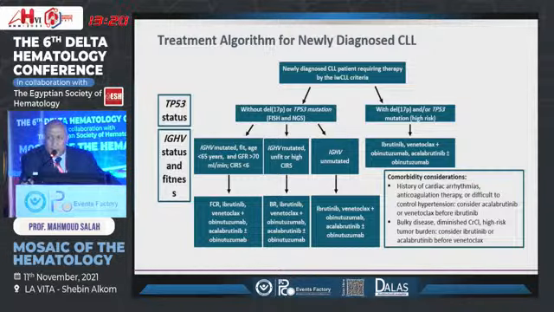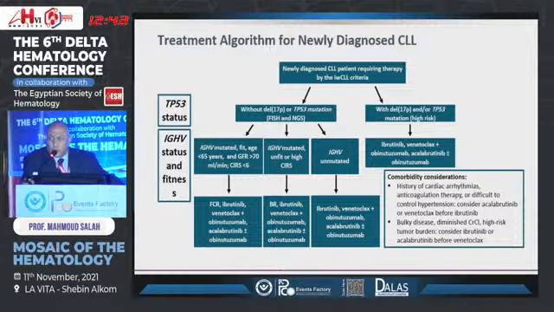These patients can get benefit from chemoimmunotherapy or other molecules like ibrutinib, venetoclax plus obinutuzumab, or acalabrutinib plus or minus obinutuzumab. If the same patients have the IGHV mutation and are unfit or have a high CIRS, this patient will be a candidate for bendamustine, rituximab, or ibrutinib, venetoclax plus obinutuzumab, or acalabrutinib plus or minus obinutuzumab.